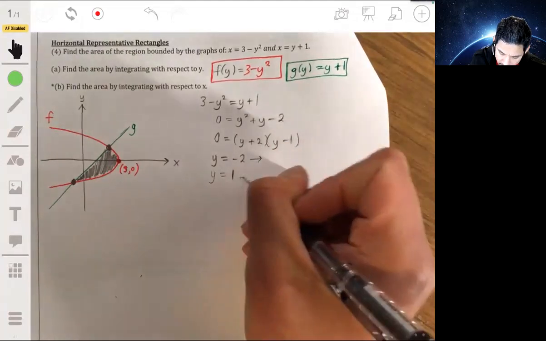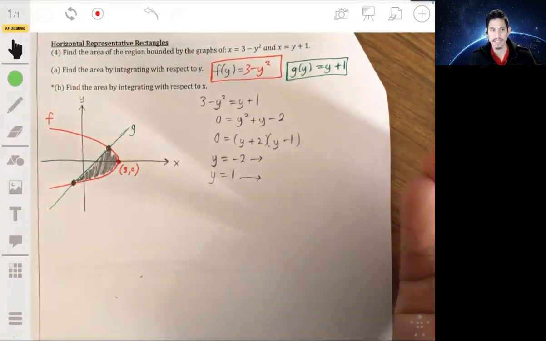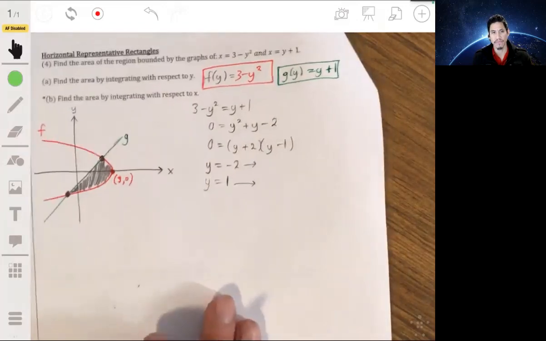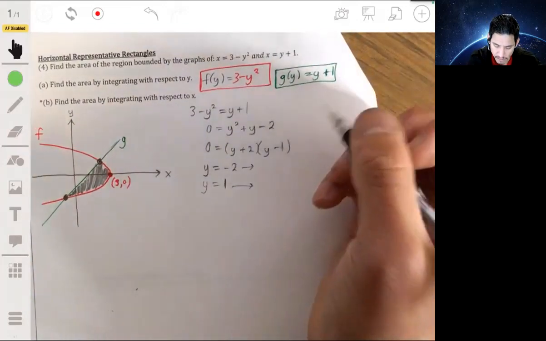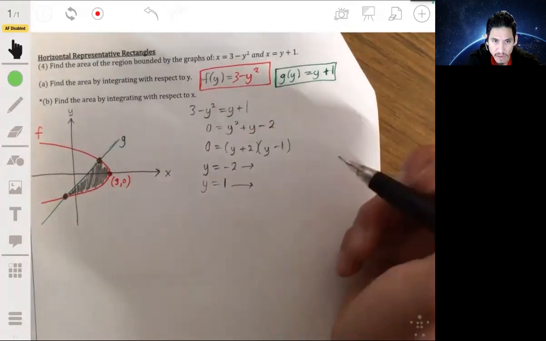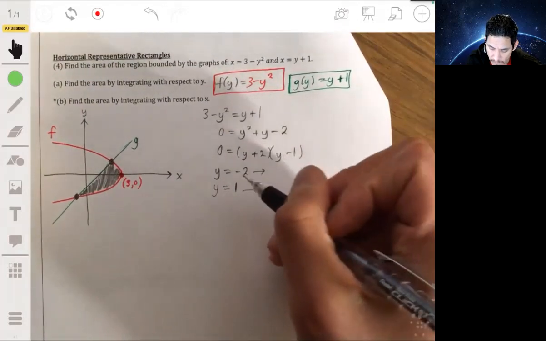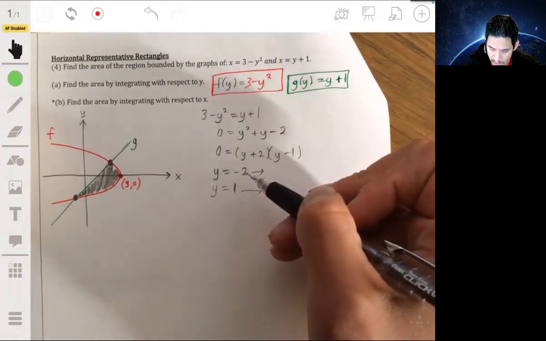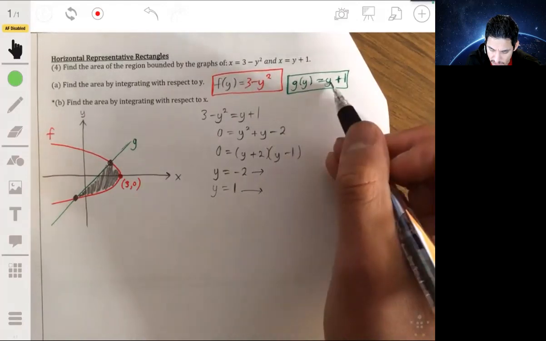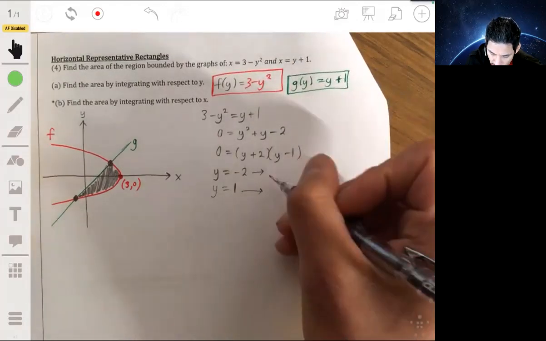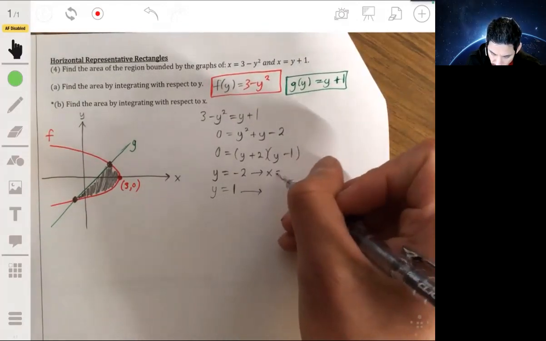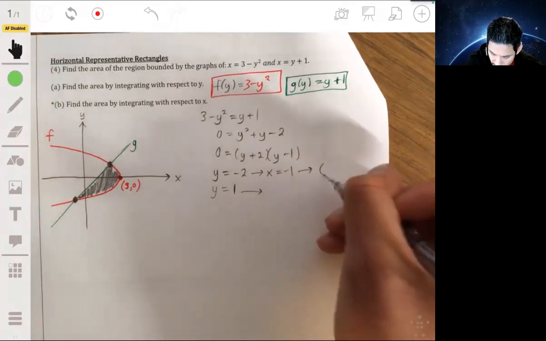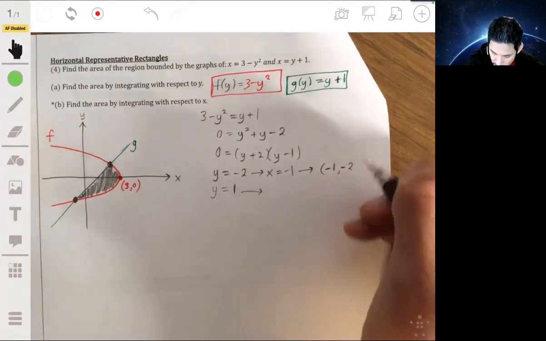Now we have to find the x-coordinates. Technically we don't, but let's find them because it'll make our graph much more complete. Plug -2 into either equation and find x. So -2 into this, -2 plus 1, we get x is -1. So we have one point at -1, -2.